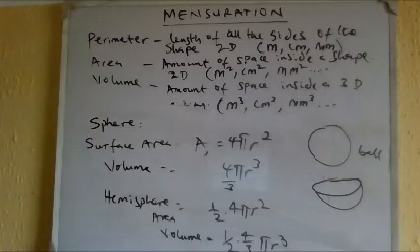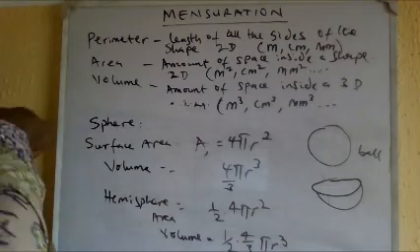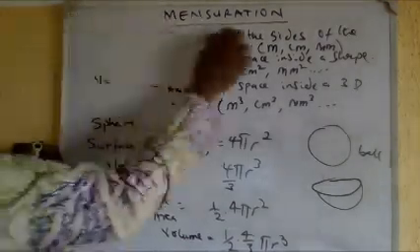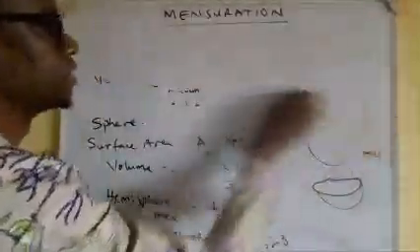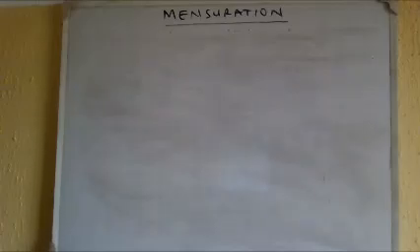So what are the real life applications? The real life applications for these shapes. Is it just to calculate perimeter and area, surface area? They just give you and you calculate. The real life application is in things like fencing.